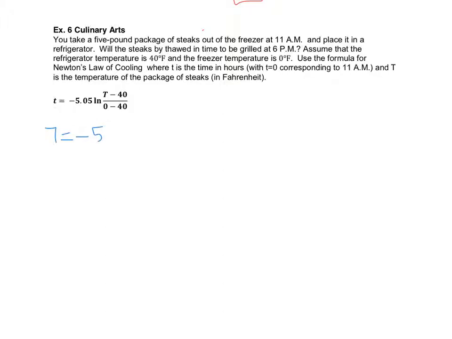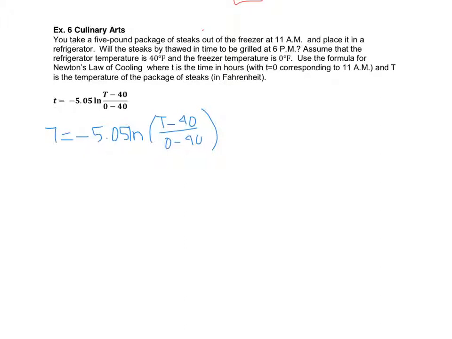Negative 5.05 ln of T minus 40 over 0 minus 40. Now basically what I'm trying to figure out is what the temperature will be after 7 hours.